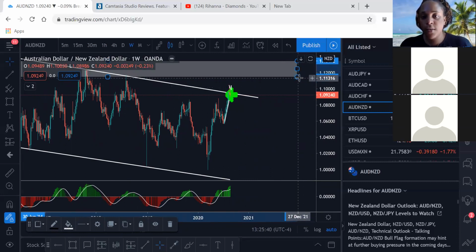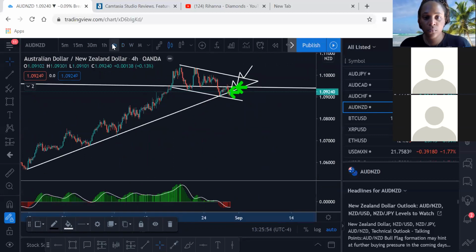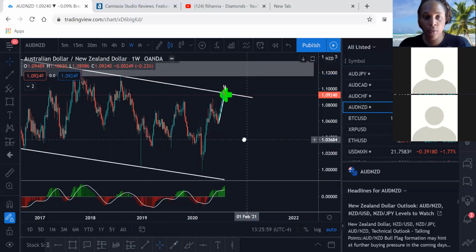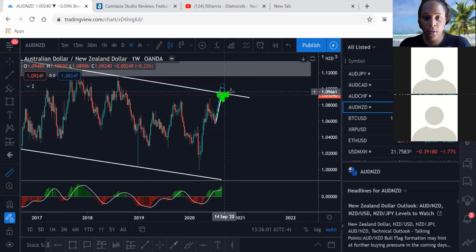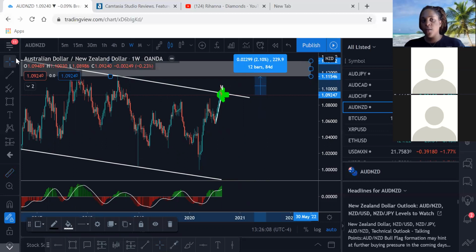The possibility is that odd NZE would break out and touch this zone here before it comes back and does a retest on the trend line. Let me just do the pip count to that resistance. Enter for the trade, nice. That's still a good 229 pips before we get to that weekly resistance, which is a very strong resistance zone.